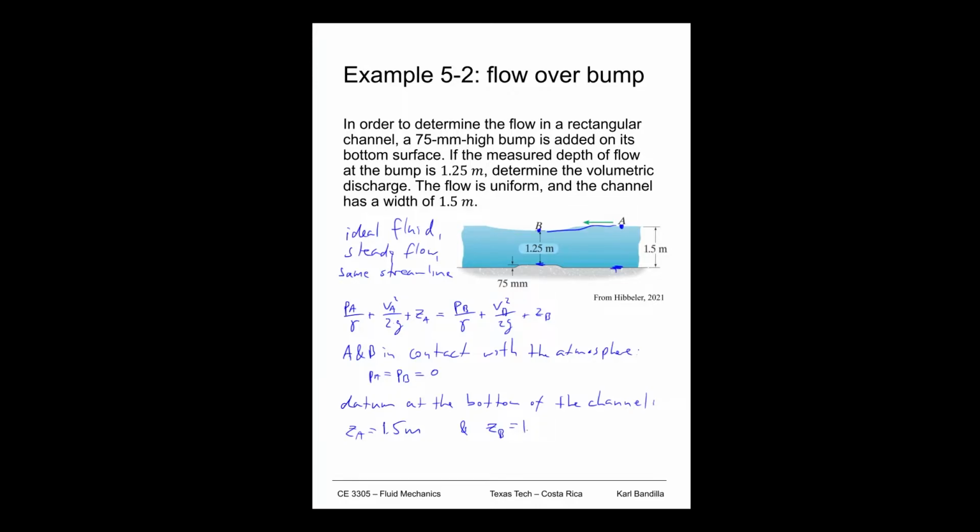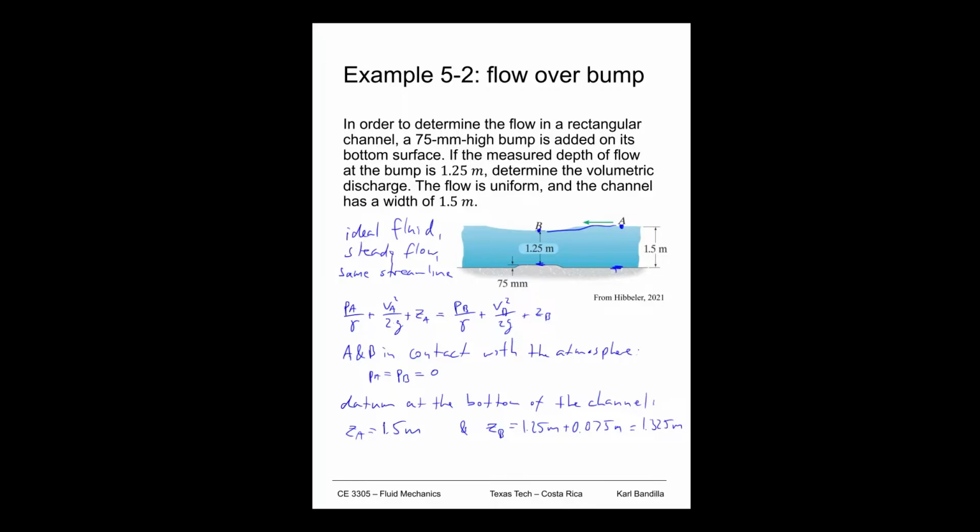So we'd have 1.25 meters plus 75 millimeters, for a total of 1.325 meters.